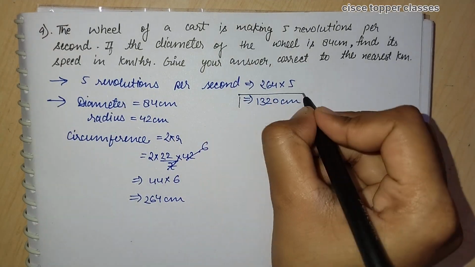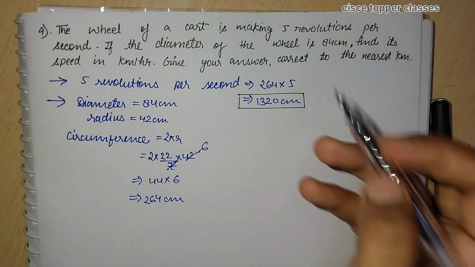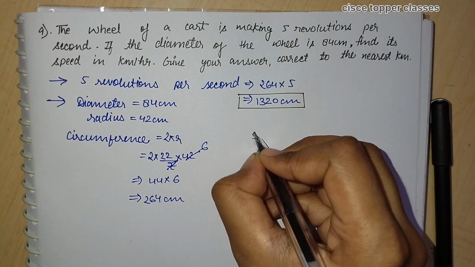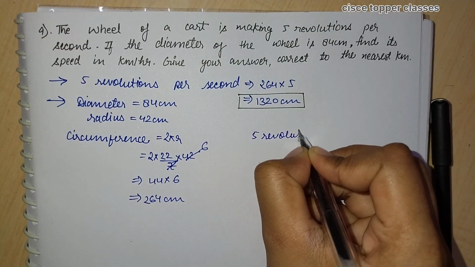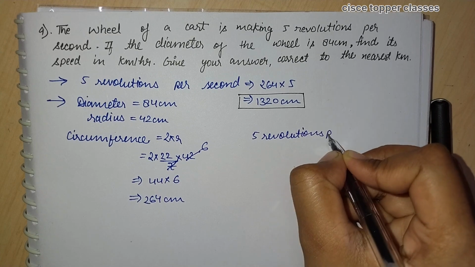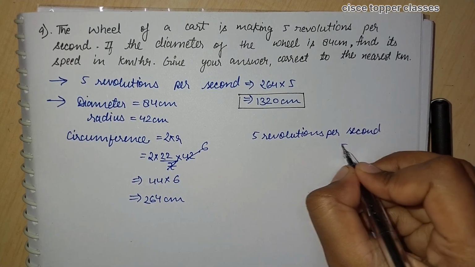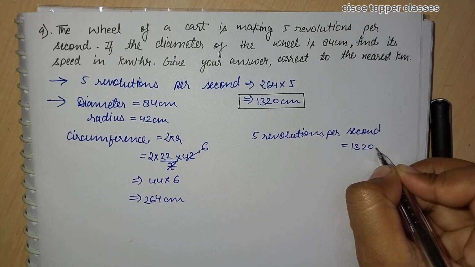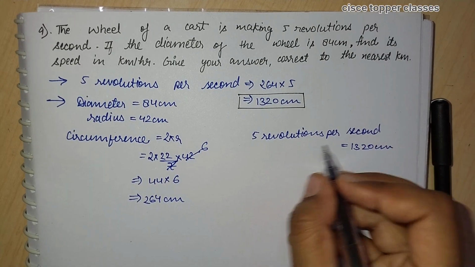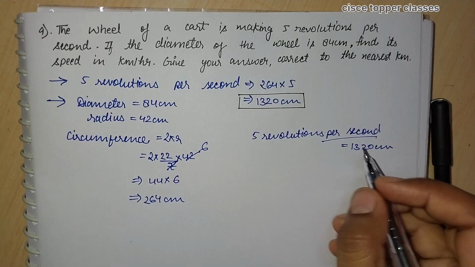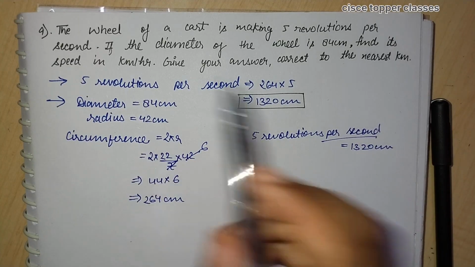From this we can find the value of speed, because it is given as 5 revolutions per second, which is equal to the distance 1320 centimeter per second. Since it is given per second, we have to find the value in kilometer per hour.